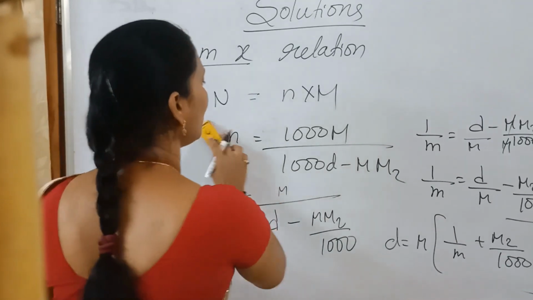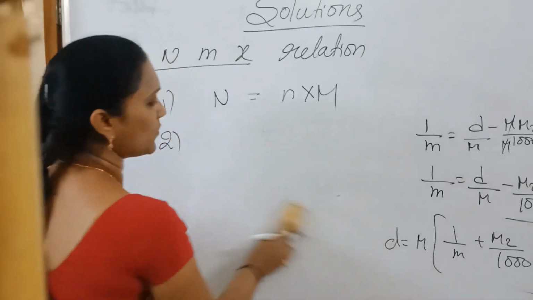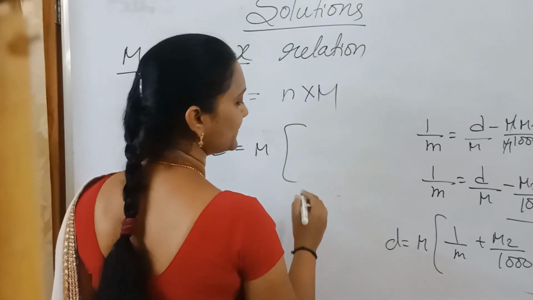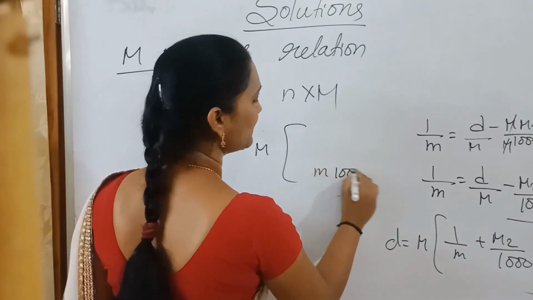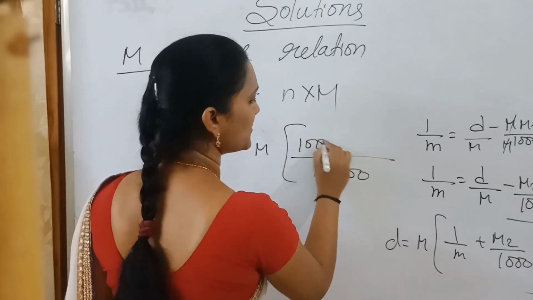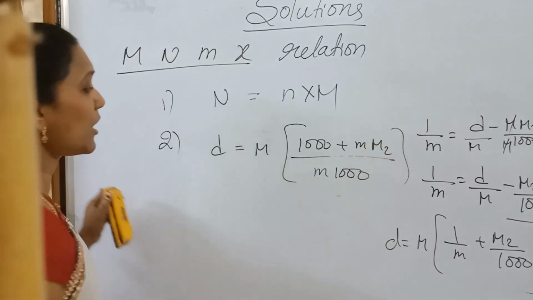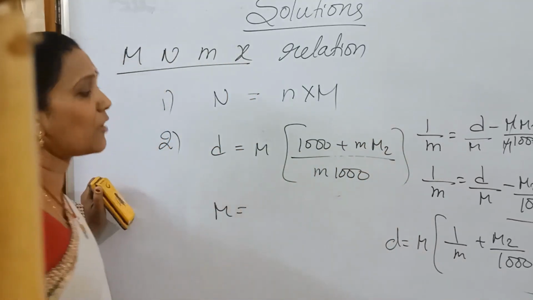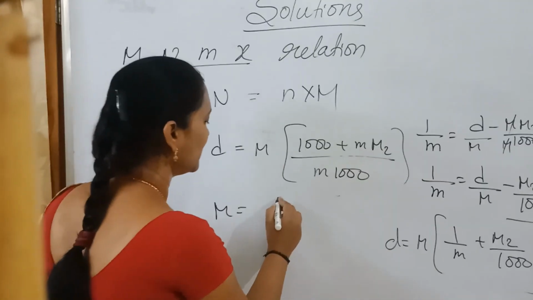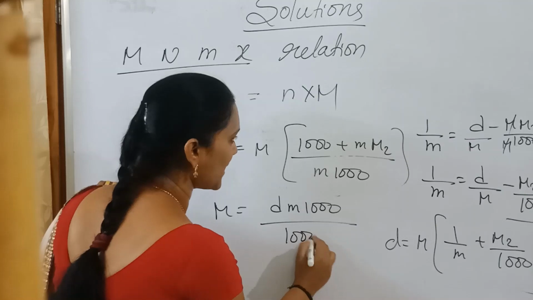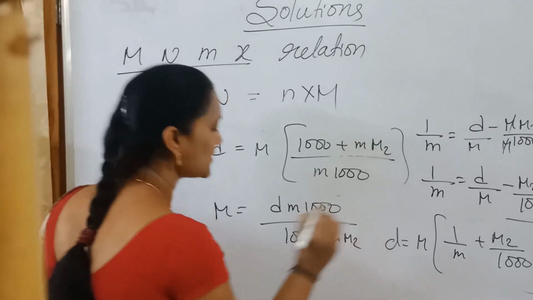Otherwise, M equal to something is given. Now d is equal to M into (1000 plus m M2) by 1000 m. Now it is M equal to given. Shift this side: d m 1000 by (1000 plus m M2).